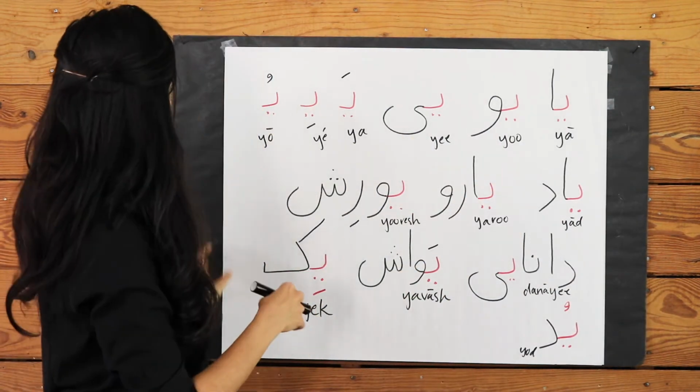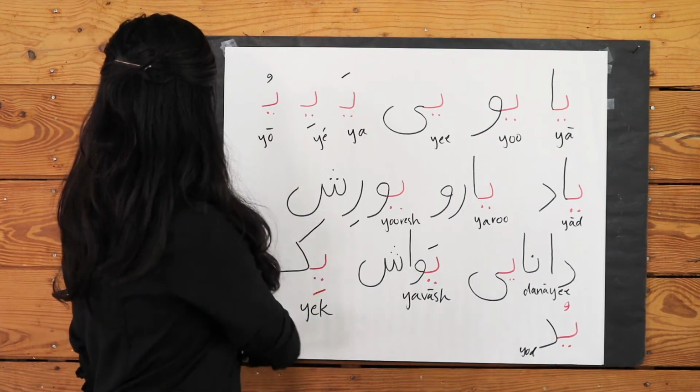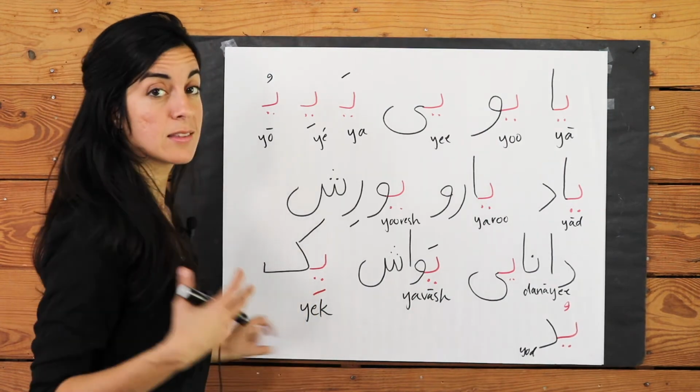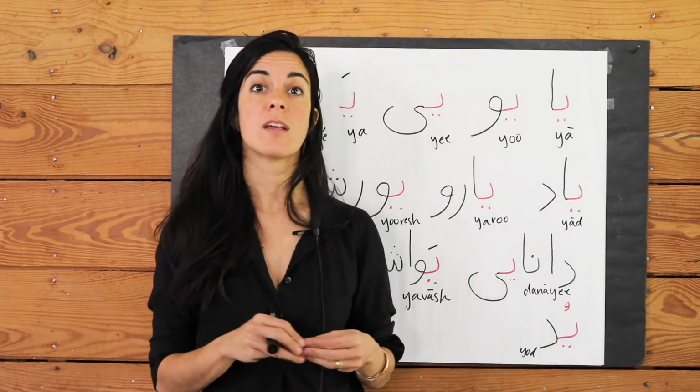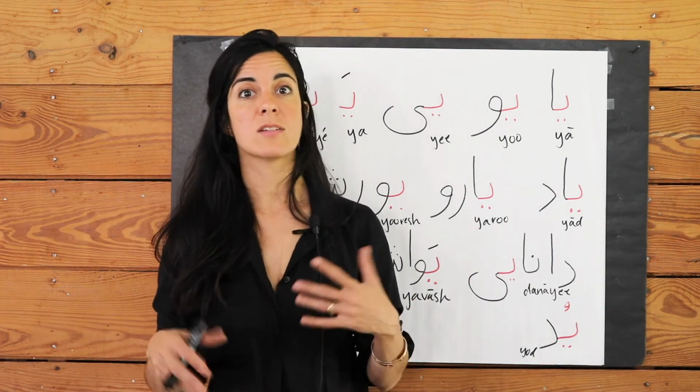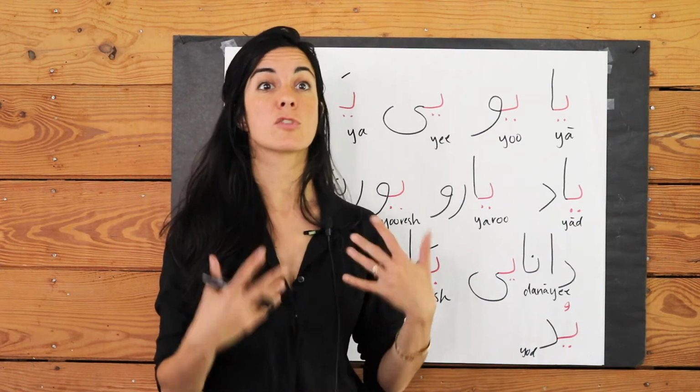Now let's go over a few practice words. We will come back to this in later lessons. It's a practice to learn what letters act in different ways in different contexts, and it'll just come over time.